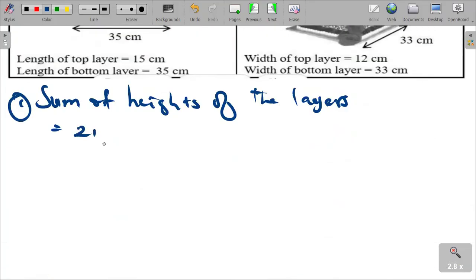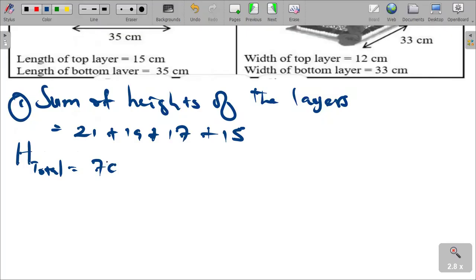This is going to give us our total height, which is equal to 72 centimeters.